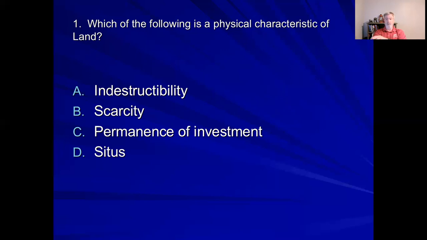And you need to know both of those. You need to know the physical characteristics and you need to know the economic characteristics. Right now, they're asking which one is a physical characteristic. Well, right off the bat, C and D, I think we can eliminate. Permanence of investment has got nothing to do with a characteristic of land. Neither does situs at all.